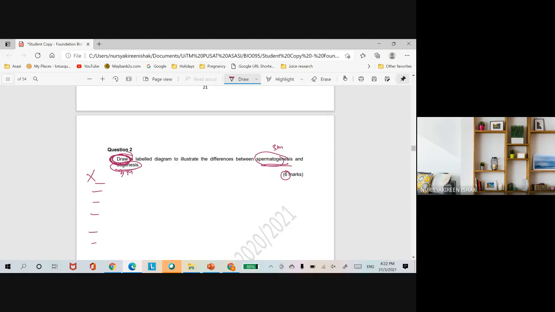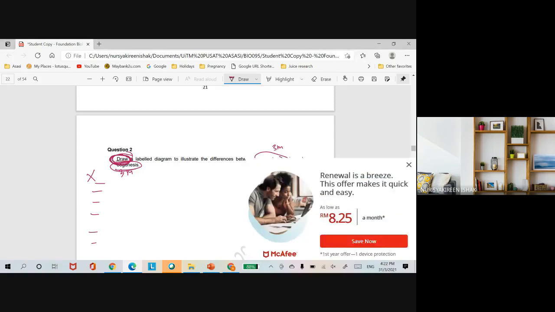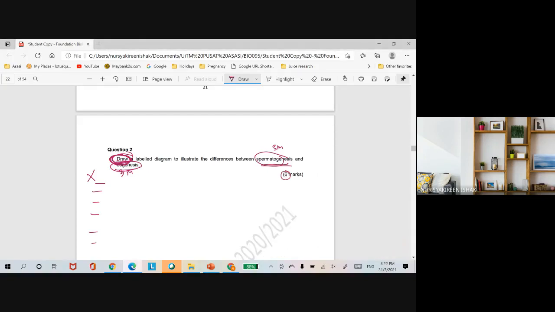When the question asks you to describe, explain, tapi awak draw sebab awak tak reti nak explainkan dia, walaupun illustration awak tu betul, examiner bolehlah faham, kan, tapi because you not answering the question, then your answer will be wrong. Okay, so make sure you answer according to the question. Okay, so please look at the keyword that is given in the question. So you have to draw.